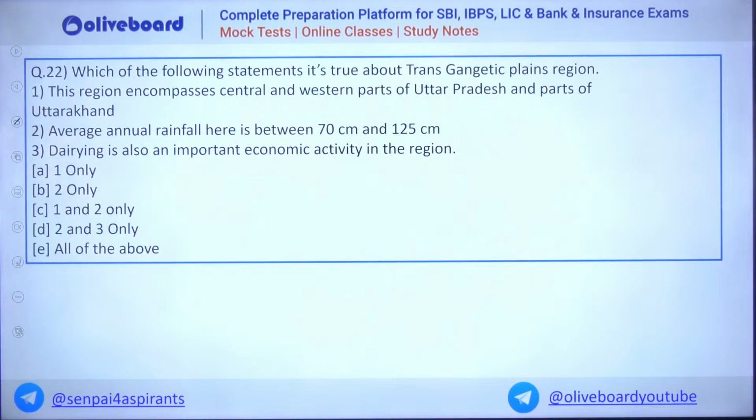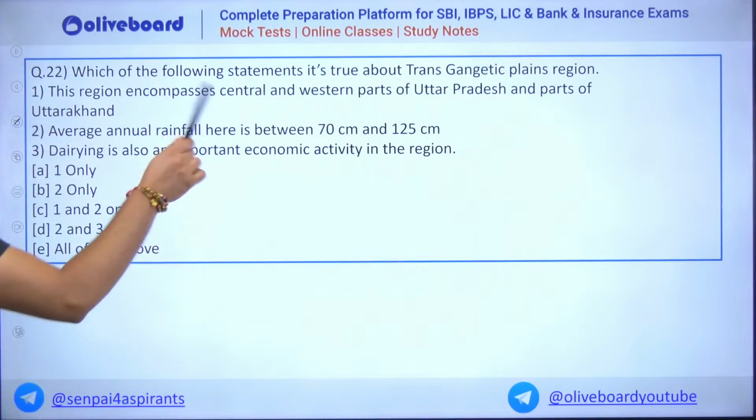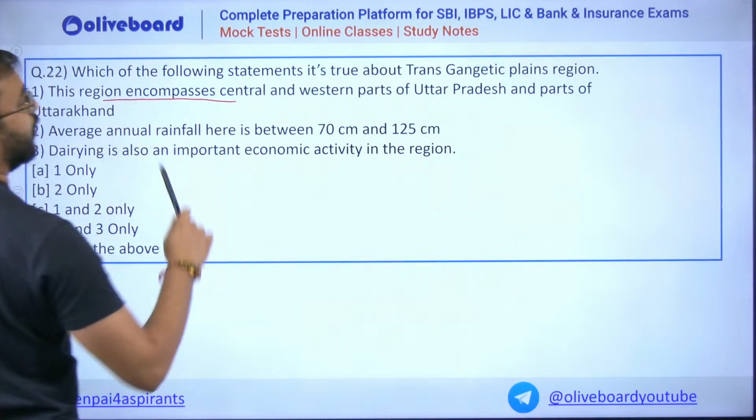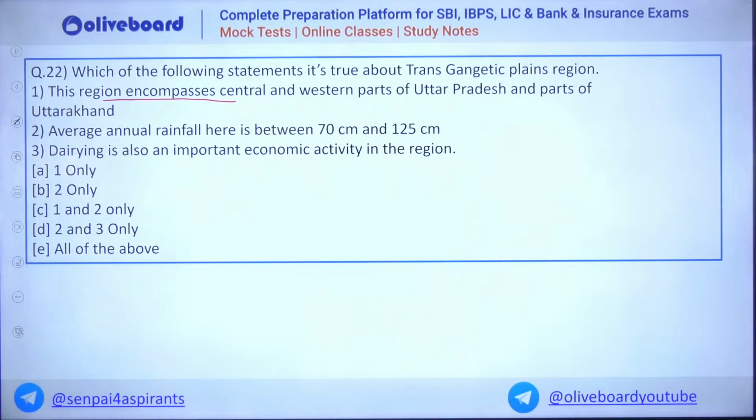Okay. Which of the following statements about Trans-Gangetic Plains region are correct? This region encompasses central and western parts of Uttar Pradesh and parts of Uttarakhand. Average annual rainfall is 70 to 125 centimeter.